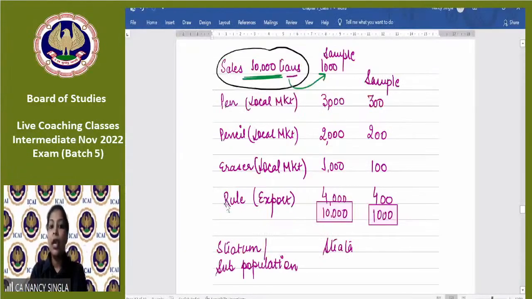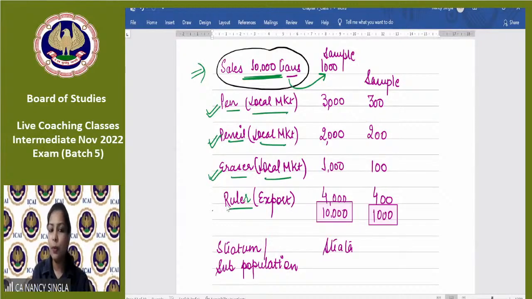What is stratification now? Random stratified sampling. Let's say this is a company which is manufacturing pen, pencil, eraser, and ruler. The pen, pencil, and eraser are sold in the local market. However, the ruler, the scale, is also exported.